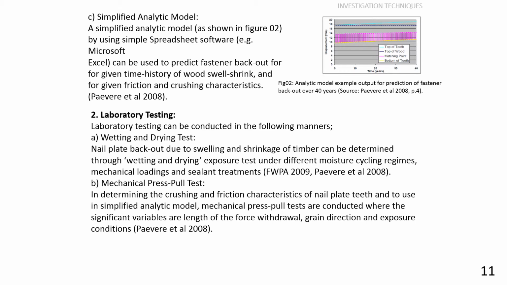Laboratory tests are done through either a wetting and drying test or a mechanical press pull test. In the wetting and drying test, nail plate backout due to swelling and shrinkage of timber can be determined through wetting and drying exposure under defined moisture cycling regimes, mechanical loadings and sealant treatments, whereas in determining the crushing and friction characteristics of the nail plate teeth and to use it in the simplified analytic model, mechanical press pull tests are conducted.